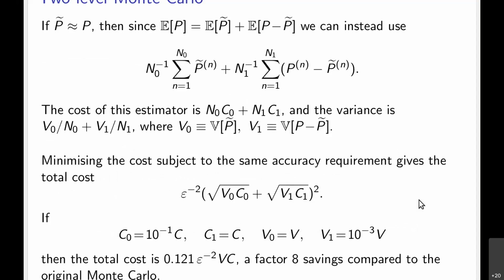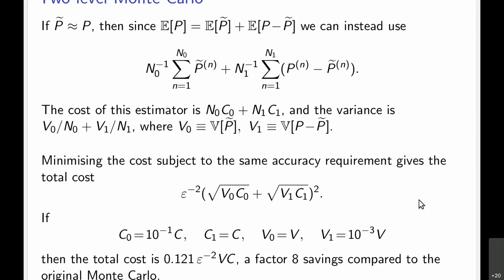So multi-level Monte Carlo, if we start with just 2 levels, the idea is that if there's some other quantity P tilde, which is approximately equal to P, but there is a bit of a difference there, then what we really want, which is the expected value of P, can be decomposed into the expected value of P tilde plus the expected correction, P minus P tilde.